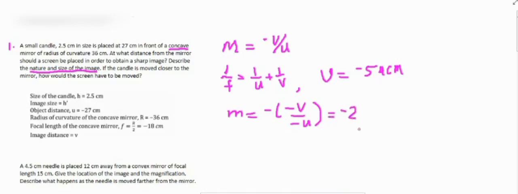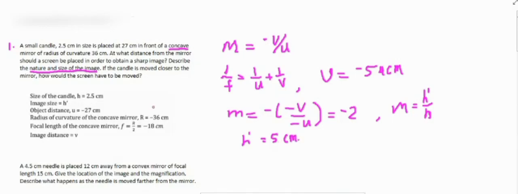Again use the formula m is equal to h dash by h, so the image height h dash you can calculate, and you will get around 5 centimeter. That means you will get an enlarged image.